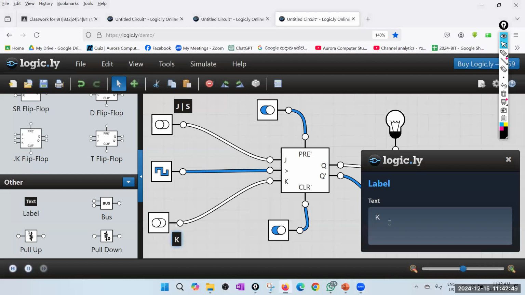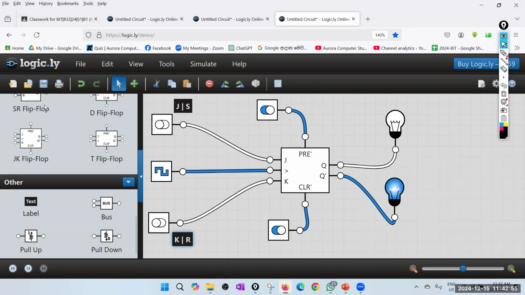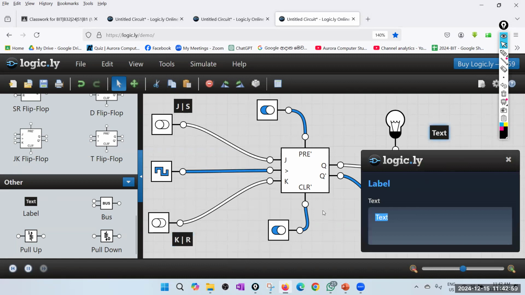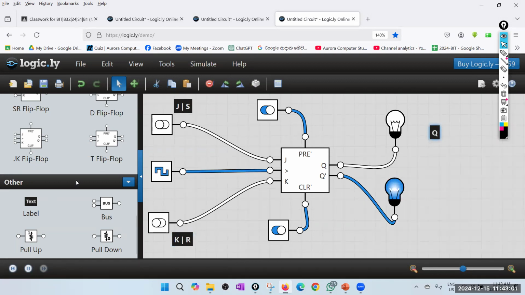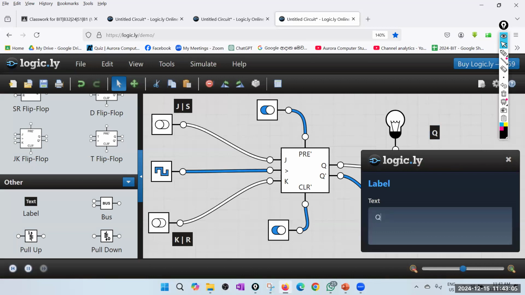K, or you can just think of it as R. This is of course the Q and Q bar. Q dash.